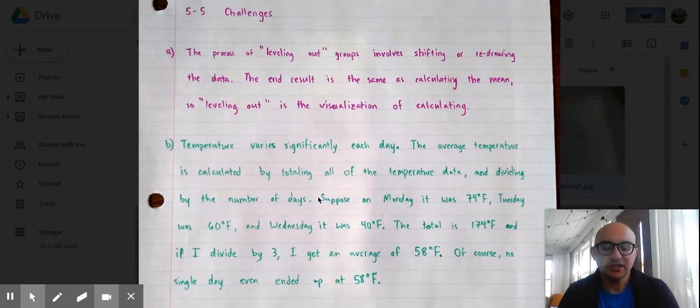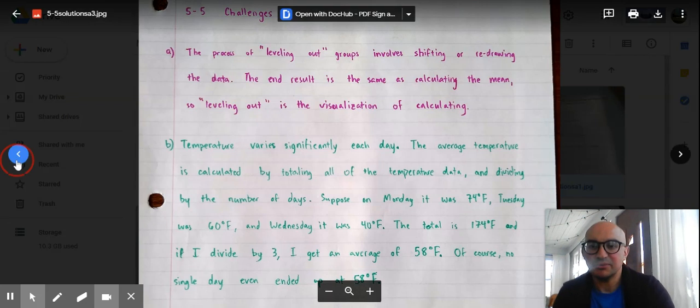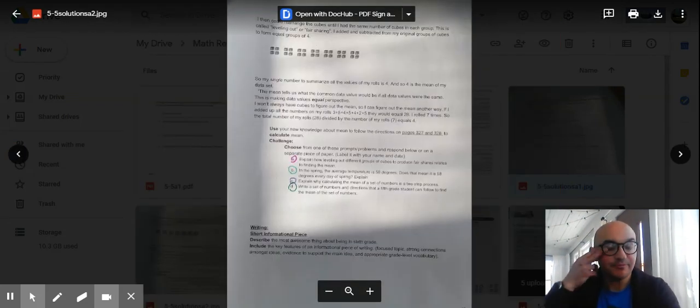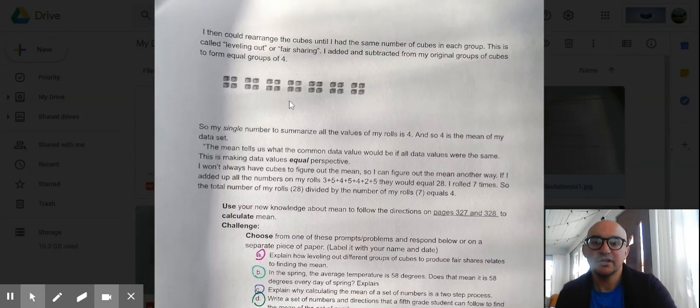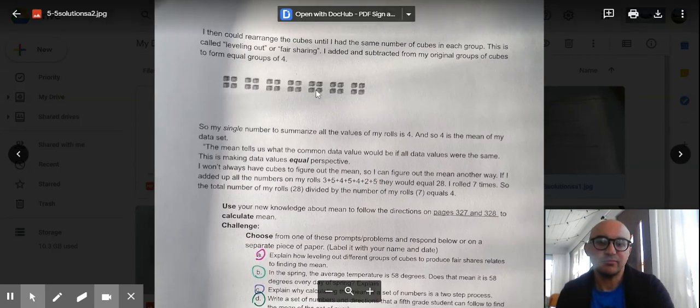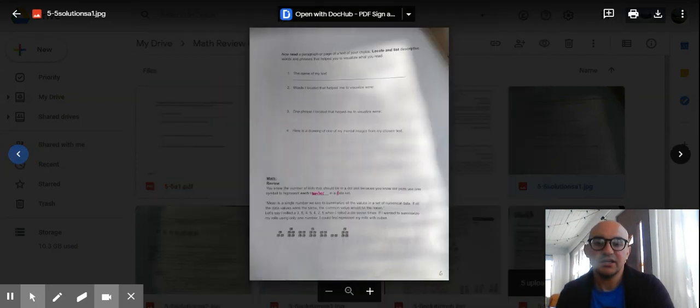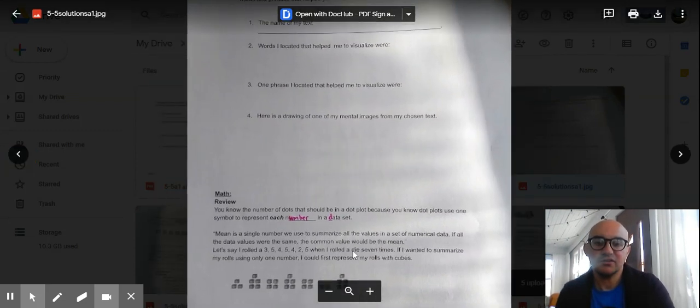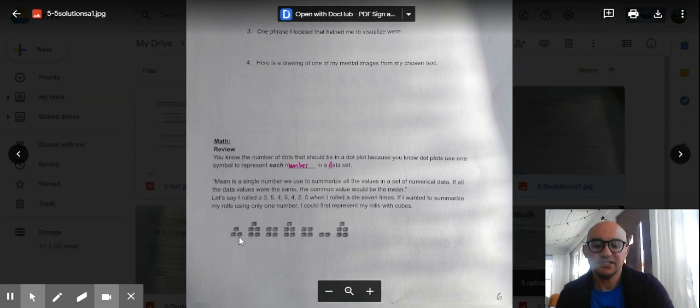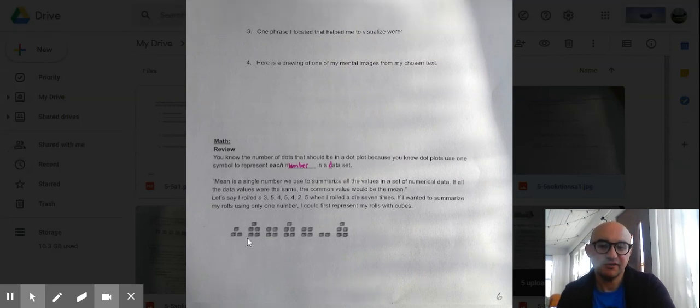If we look back, maybe this will help a little bit here. If you look at the top of this page, you see there are 7 groups and there are 4 blocks in each group. That was a leveling out of this set of blocks. There's 7 groups here, 1, 2, 3, 4, 5, 6, 7.